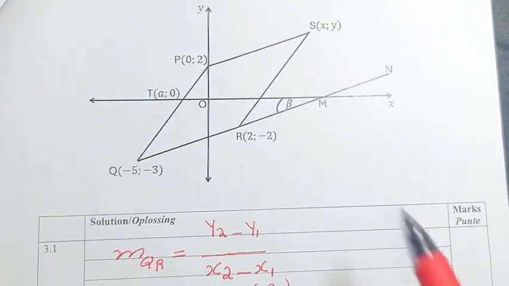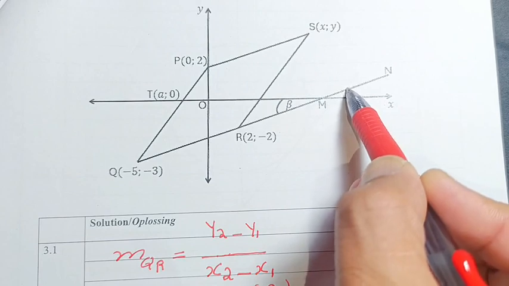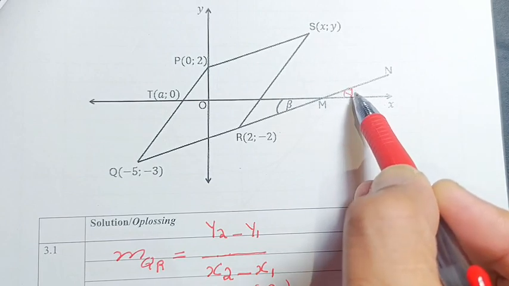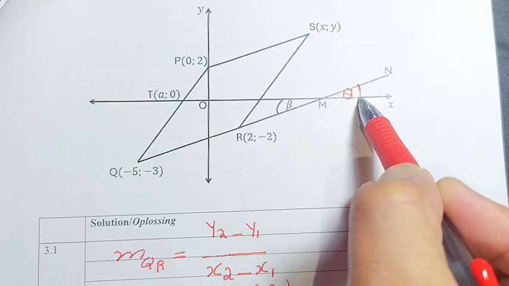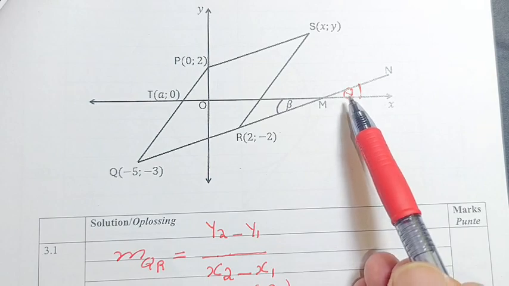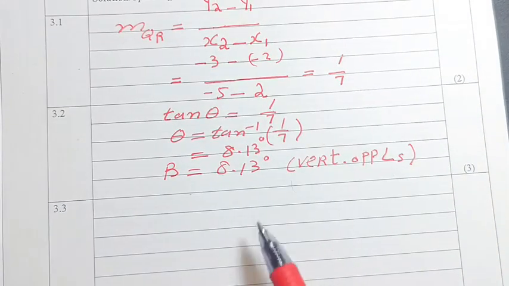Here this is a vertical opposite angle. This is my theta, the vertical opposite angle. So this is my answer.